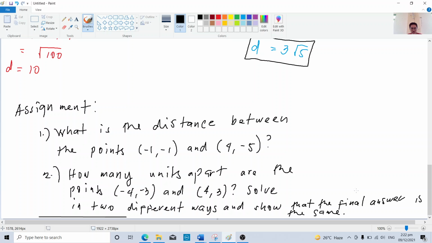And for number 2, how many units apart are the points (-4, -3) and (4, 3)? Solve in two different ways and show that the final answer is the same. To be submitted on December 13, 10 a.m.